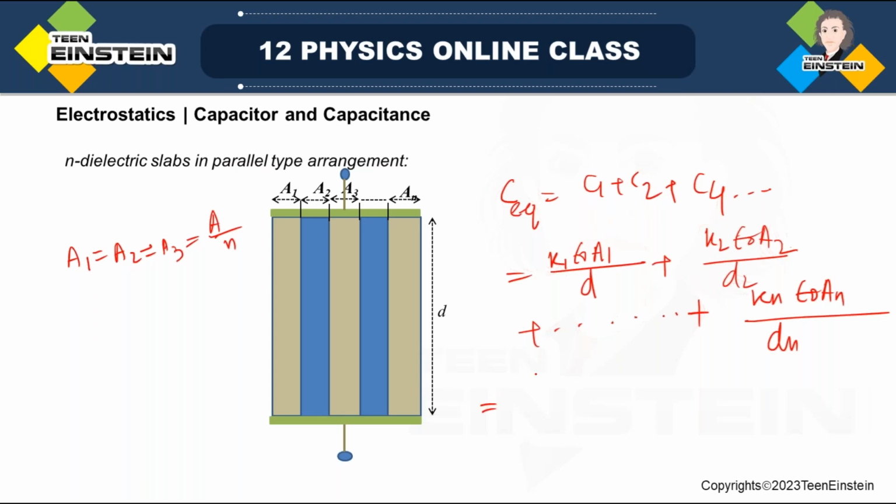So this formula becomes epsilon 0 A by (n D) into (K1 plus K2 plus K3, K4, etc.).